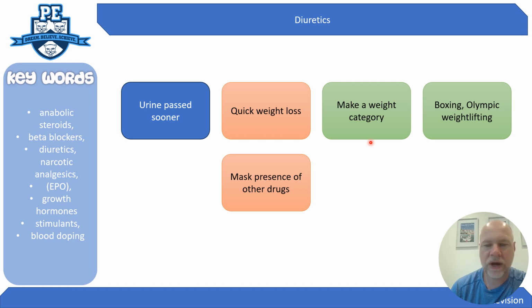But when it comes to the weigh-in point, they will try to lose weight. So at that point, they're legitimately within their weight category. Other sports where they have weight categories include things like judo and Olympic weightlifting. There are a number of sports that involve weight categories, and athletes might take diuretics if they're slightly overweight and need to get down to hit their weight category.